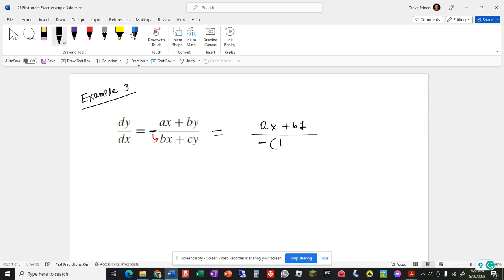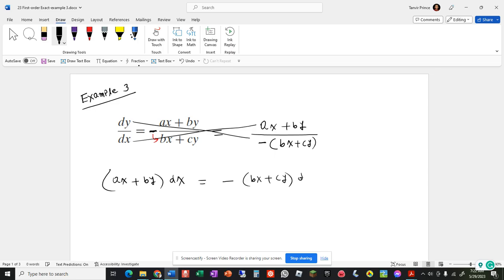So just move that negative onto the denominator. Now let's cross multiply. So I get (ax plus by) dx equal to minus (bx plus cy) dy.